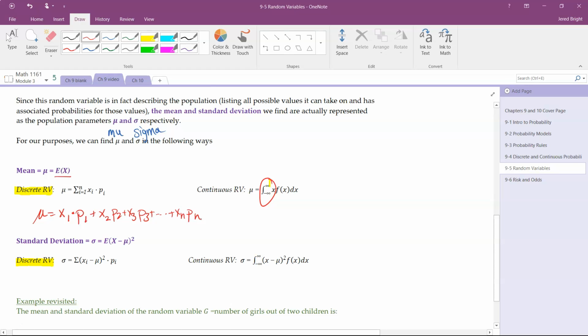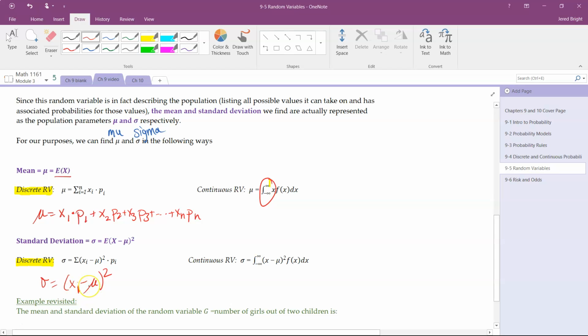Once you know mu, then you can move on and find standard deviation via this similar formula. To calculate sigma, you have to take xi, where i begins at 1, minus the mean, square that.